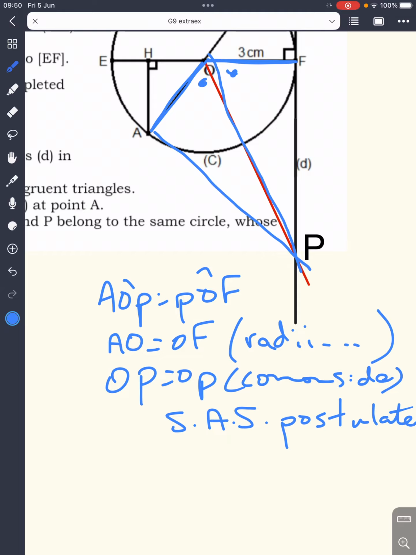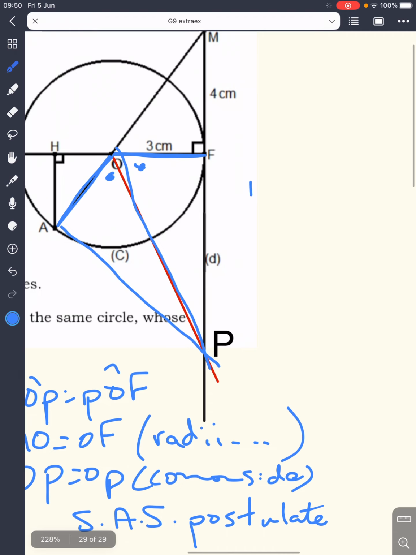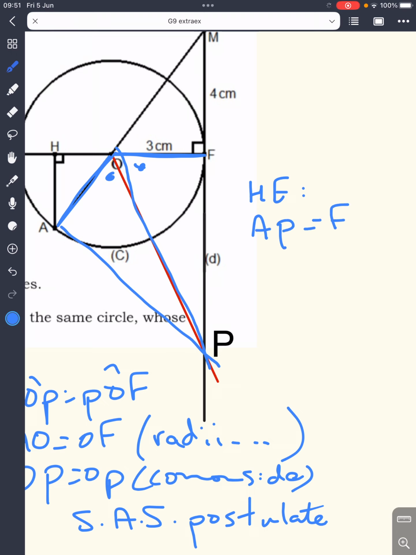So I can say that these two triangles are congruent by the side angle side postulate. So we directly move to find the homologous elements, even if they didn't ask to. Okay, what are the homologous elements here? AO equals OF, I wrote it. OP common side, I wrote it. The third side is AP. It's equal to the third side in the other triangle, which is FP. Okay, what about the angles? Here we have angle APO equals OPF.